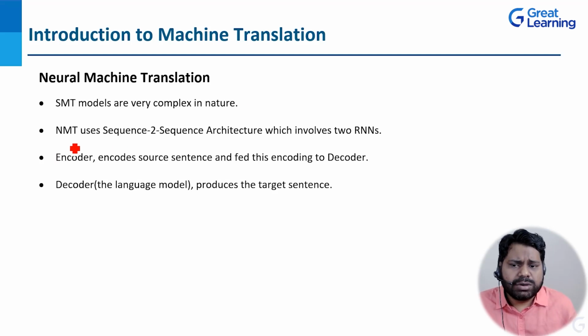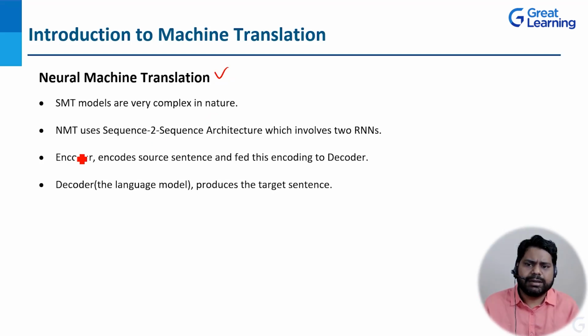So then comes the neural machine translation model. It uses a sequence to sequence architecture, which involves two RNNs. The encoder encodes the sentence and feeds this encoding to the decoder, and then the decoder produces the target sentence.